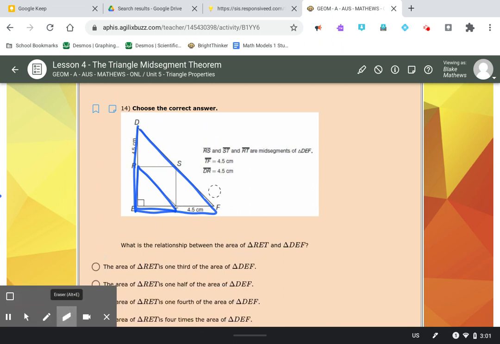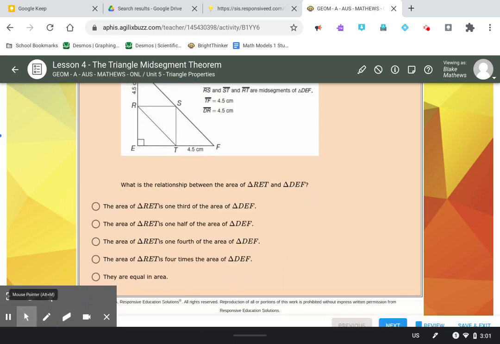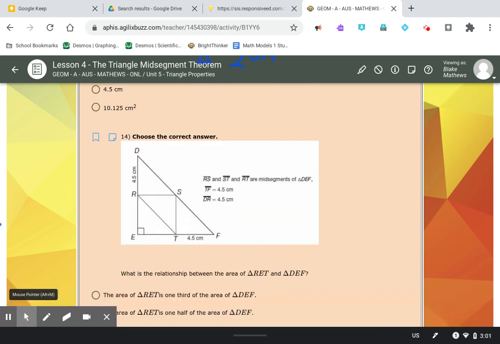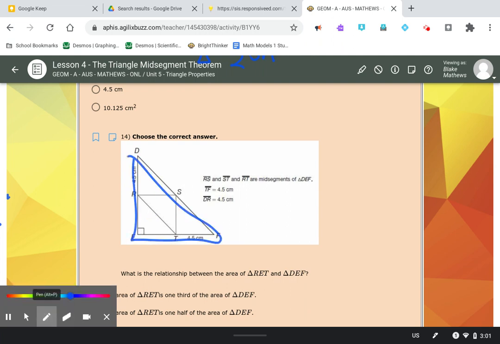So again, you're going to want to calculate the area of the triangles and make a comparison between the two. By the time you get to this step, you know all of these lengths. You're going to know all the lengths of every single part of this triangle, and you're just going to use that to find the area of the largest triangle here in blue, and then compare that to the measure of this triangle here and make a comparison. That is it for lesson 4.